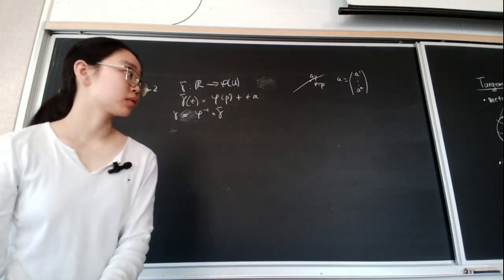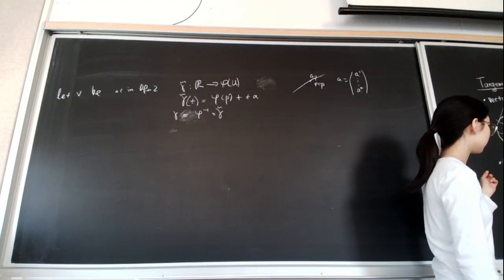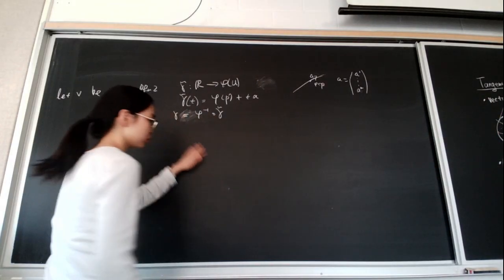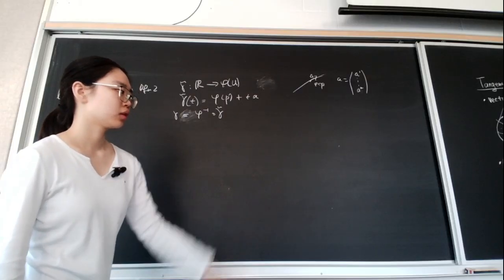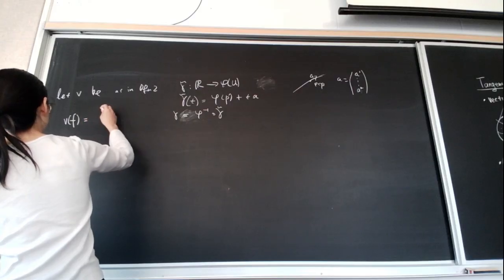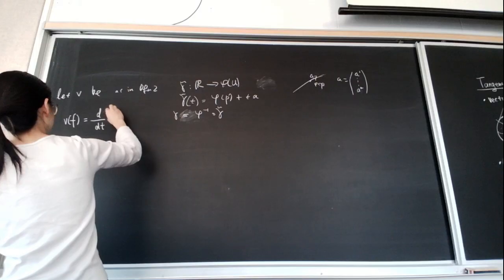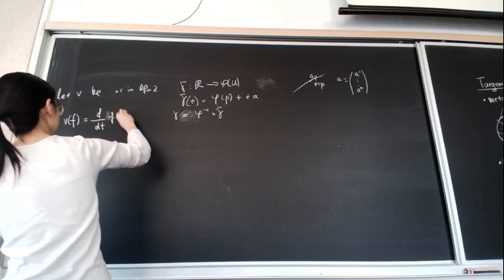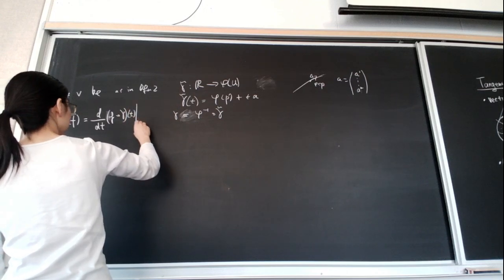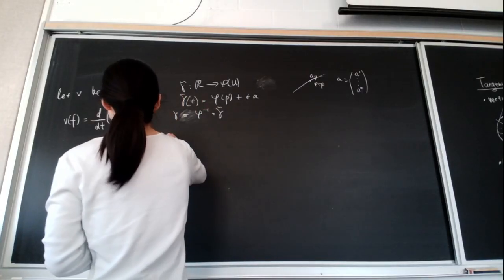Okay. So checking that definition 2 is basically directional derivatives, we want to prove that V of f is in the form of the derivative of f composed with gamma of t at t equal to 0.